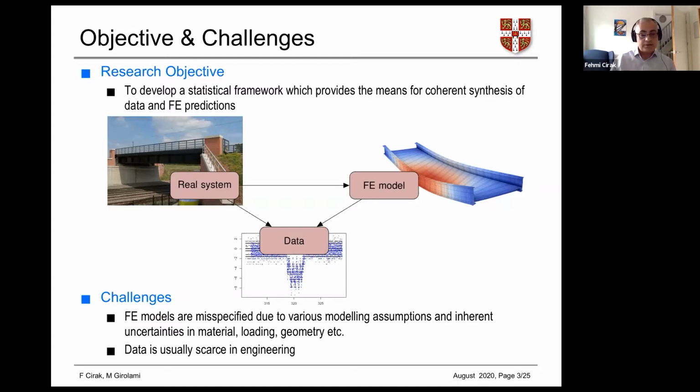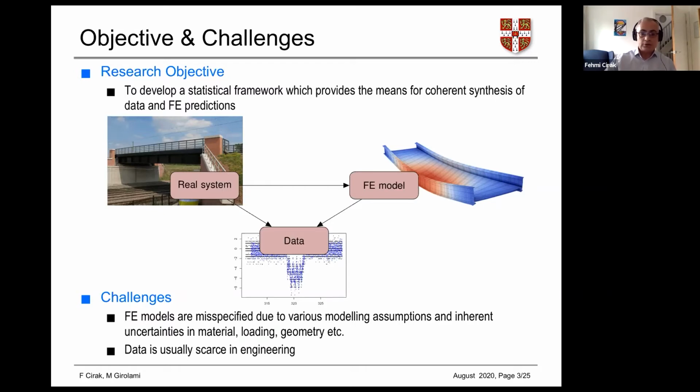This is I think quite a simple motivation, but there are several challenges associated with it. One of them is that finite element models are misspecified due to various modeling assumptions. As every engineer knows, we start from a real system, and in order to get to a finite element model, we make many assumptions about the connections, supports, and so on.